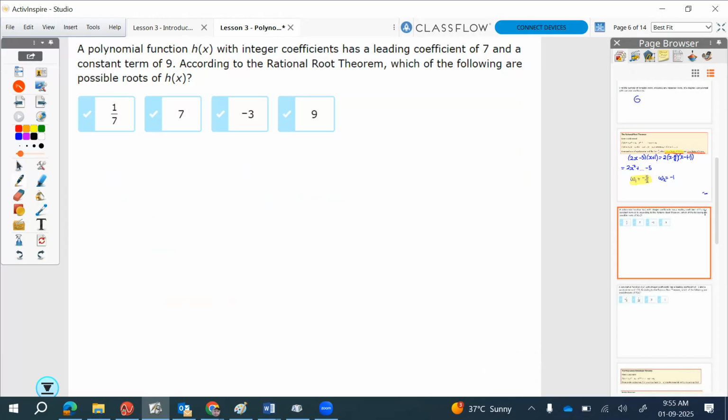So we have a polynomial function, h(x), with integer coefficients, and it has a leading coefficient of 7 and a constant term of 9. So what does this polynomial look like?